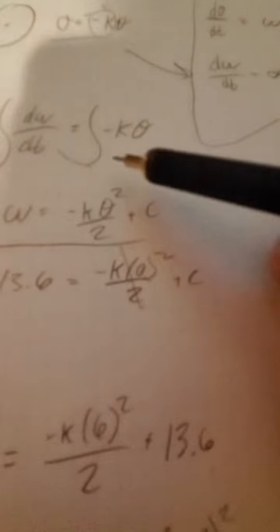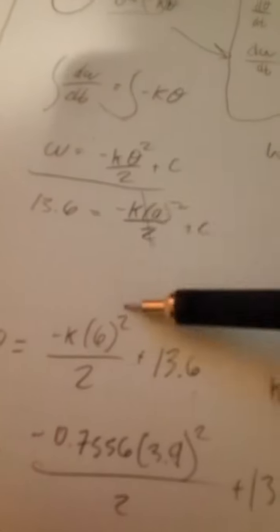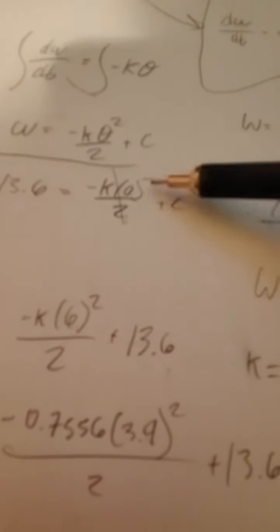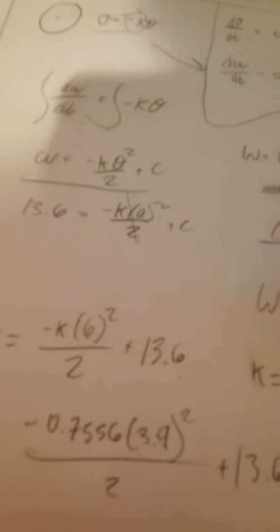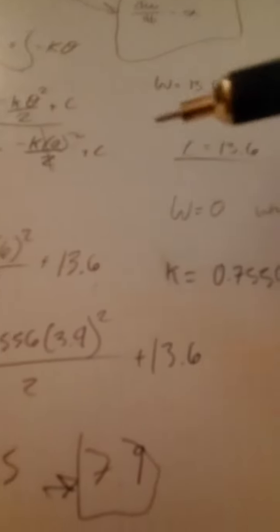Because it's an indefinite integral, I did have to add in a plus c, which you can solve for by using the first set of initial conditions, because it gives you a theta of 0, which will eliminate that k value completely. So we know that c is going to equal 13.6, because that's the angular velocity when the angle is 0. So c is 13.6.